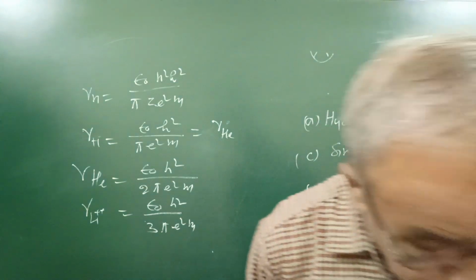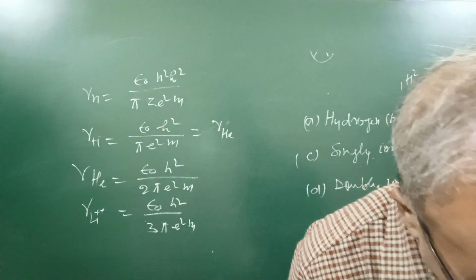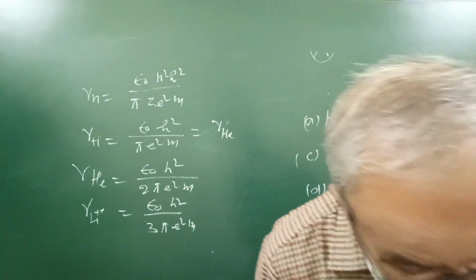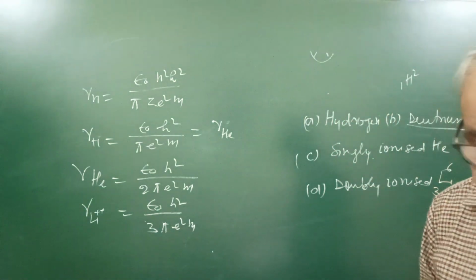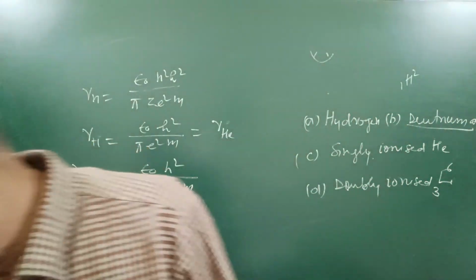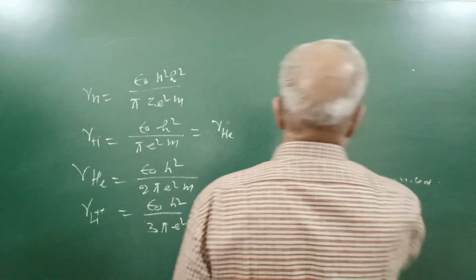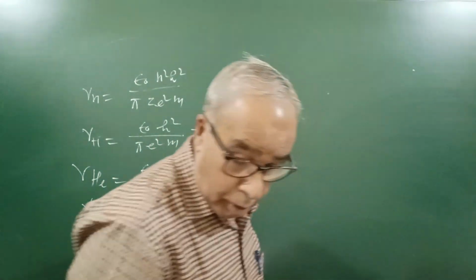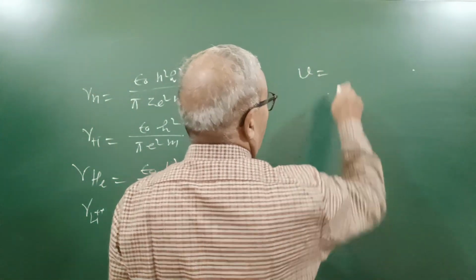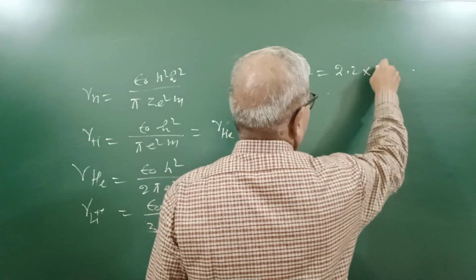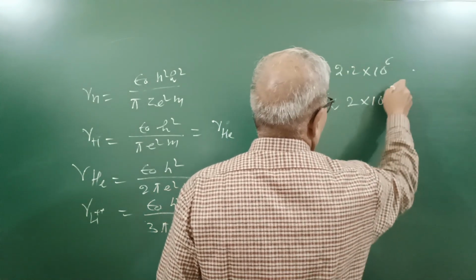The ratio of speed of electron in ground state of hydrogen atom to the speed of light in vacuum. Speed of electron in ground state, in first orbit. You must remember that speed v of atom electron is 2.2 into 10 to the power 6 simply, or you can write nearly 2 into 10 to the power 6.